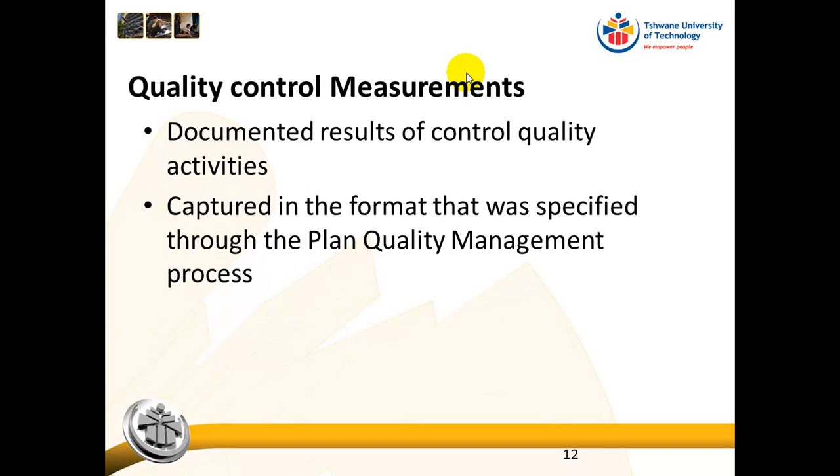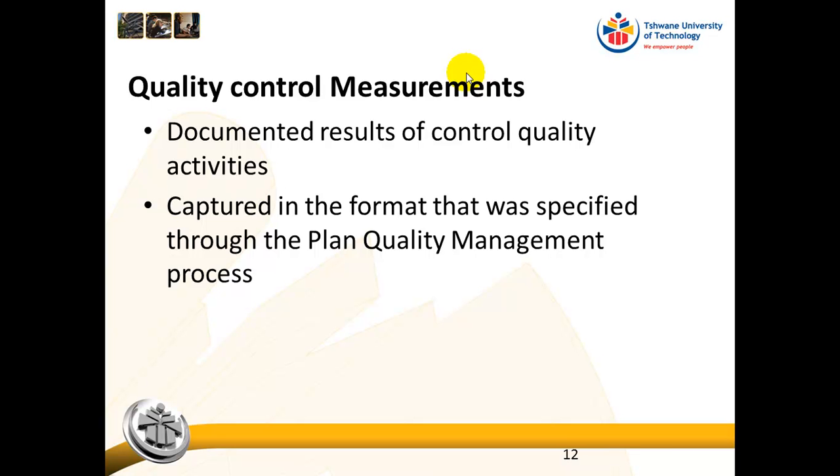All right, so then the output of our project quality control is quality control measurements. So this is the documented results of quality control activities. So it would depend on what we used, but if you think about a checklist, that would be a very good tool to use to capture or to document the results of quality control activities.